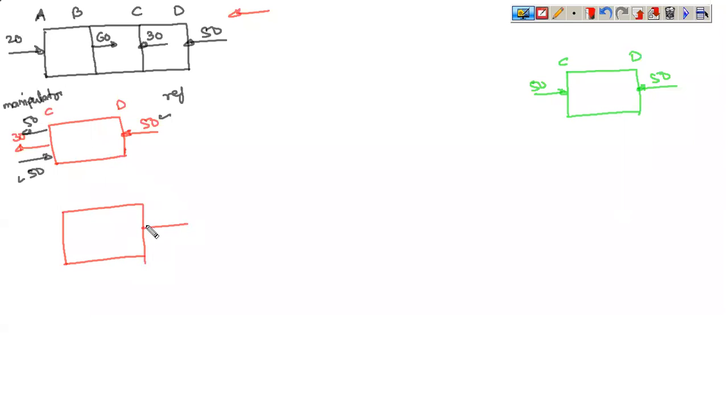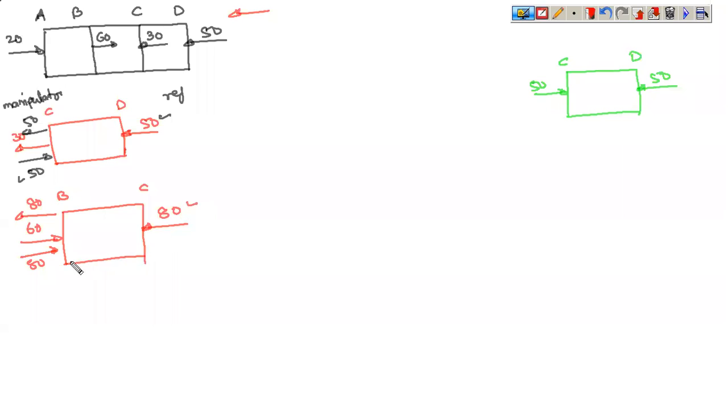So you are left with 80 in this direction and 60 in this direction. Why is 80 left here? This is 30 in this direction and 50 in this direction. So both of them add up to make it 80. So this is BC. Okay, again this becomes your reference. This is your manipulator. So you are adding 80 and you are subtracting 80.